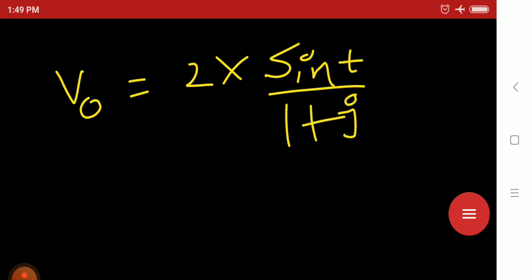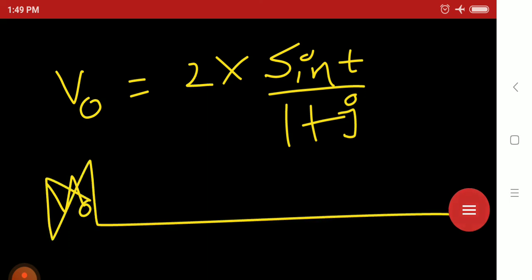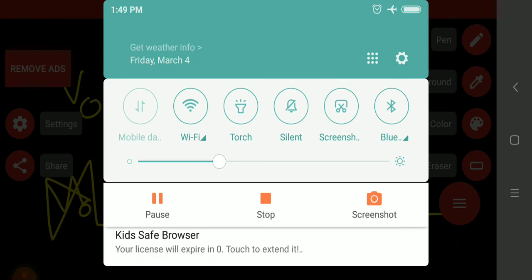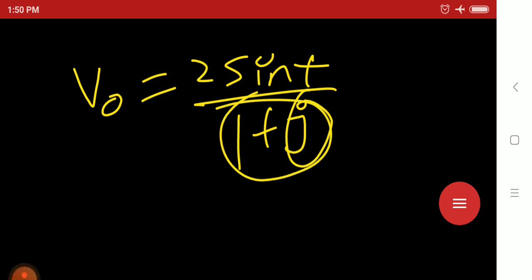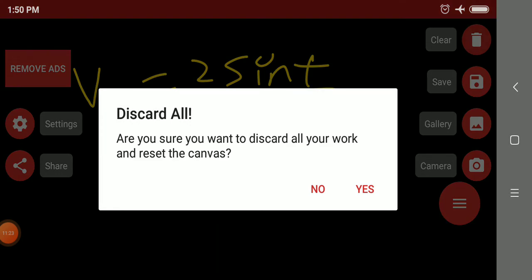Now, if I take the magnitude of V0, you know that it is imaginary number. So 1 plus j what is that? 1 plus j is complex number. So complex number magnitude is what?